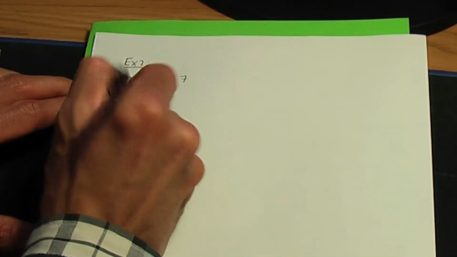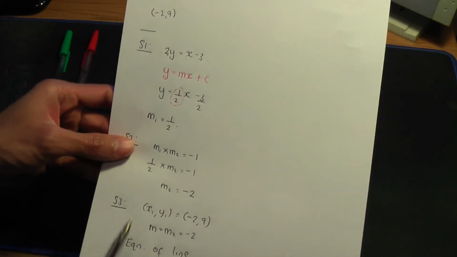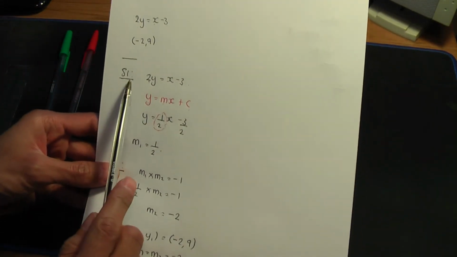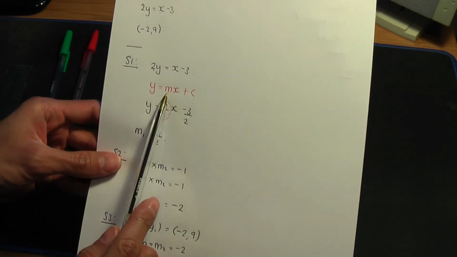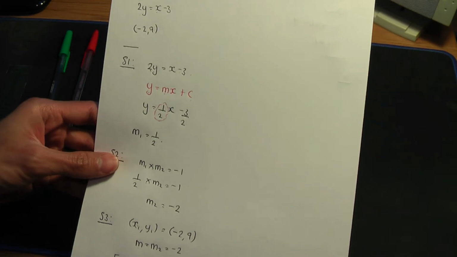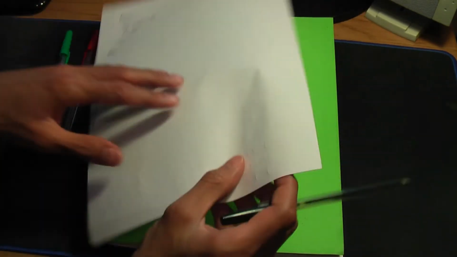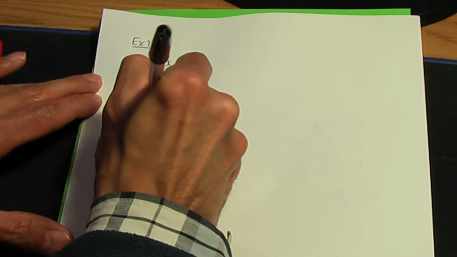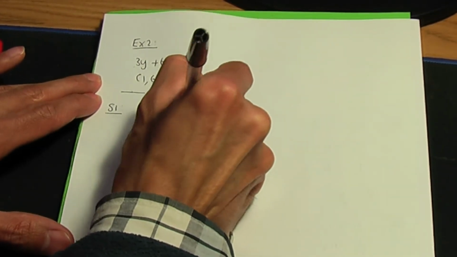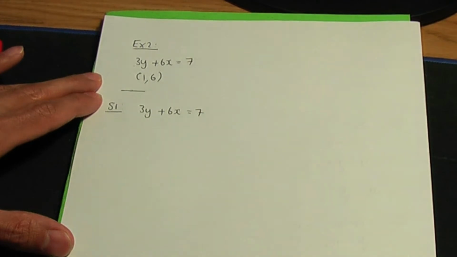Remember the idea of step number 1. Step number 1, if I go back to the previous example, is to rearrange the line given in standard form, and the coefficient of x will be the gradient of the line given. So back to example number 2. We have 3y plus 6x equals 7.